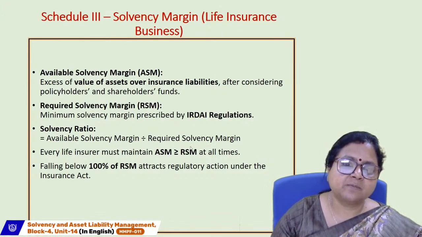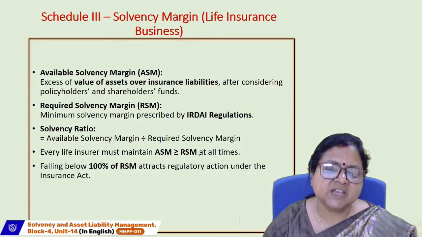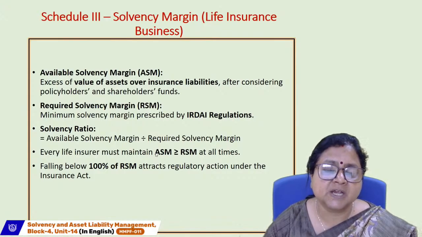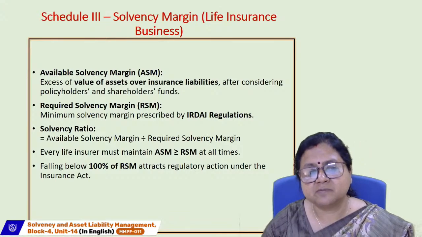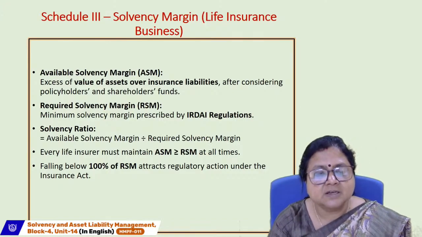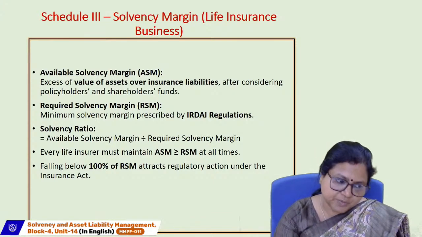That means it should be above the required solvency margin. If the requirement is 100, then the available solvency margin should be 150, so that a cushion of 50% is always there. Falling below 100% of the required solvency margin attracts regulatory action under the Insurance Act. So whenever the solvency falls below 100%, the intervention of the regulatory authorities comes into the picture.